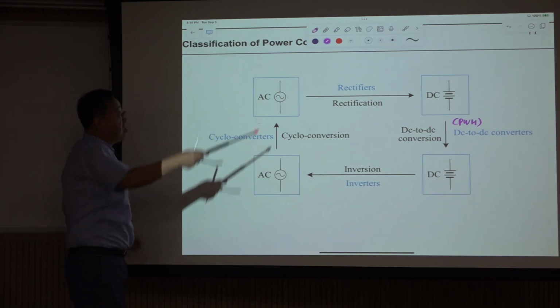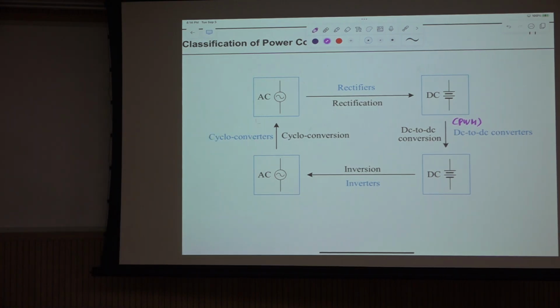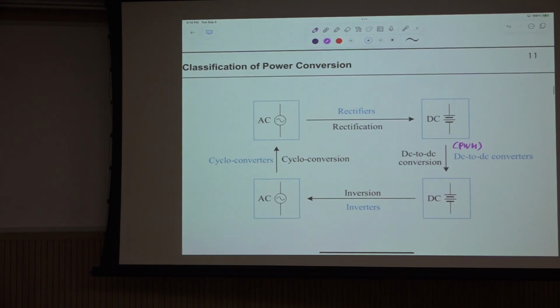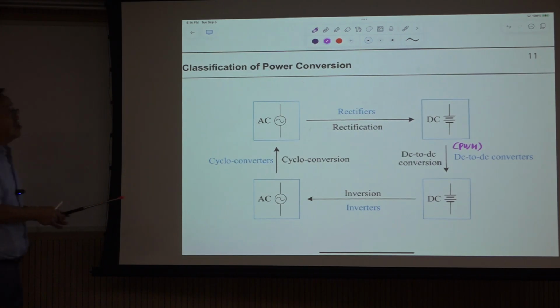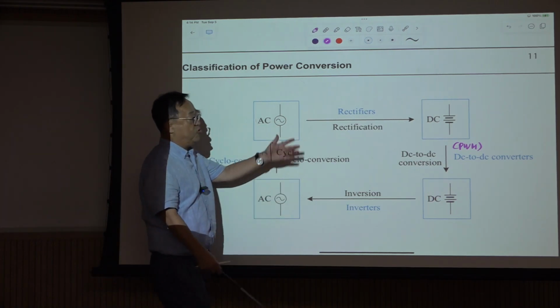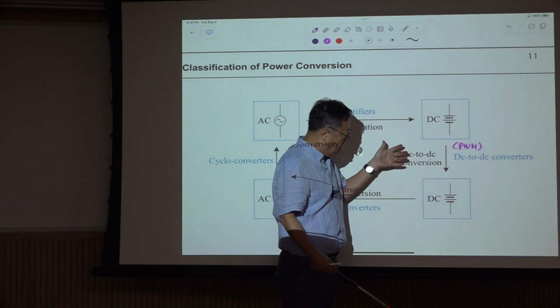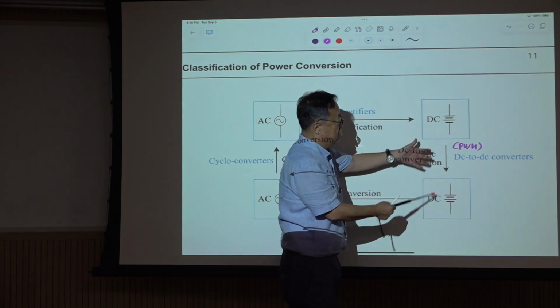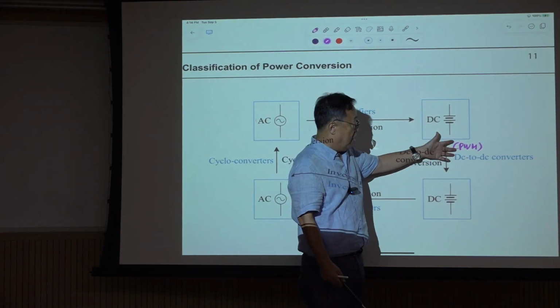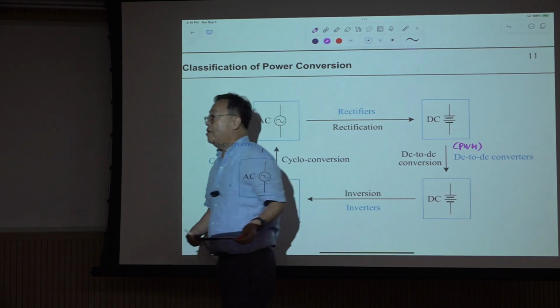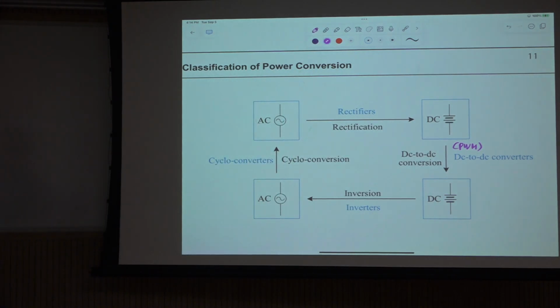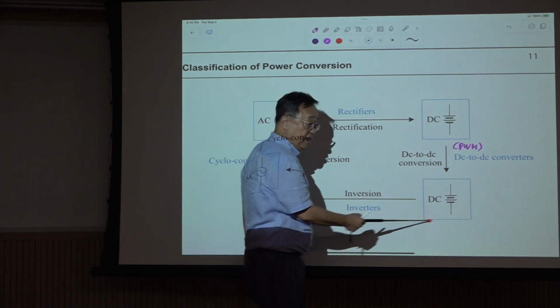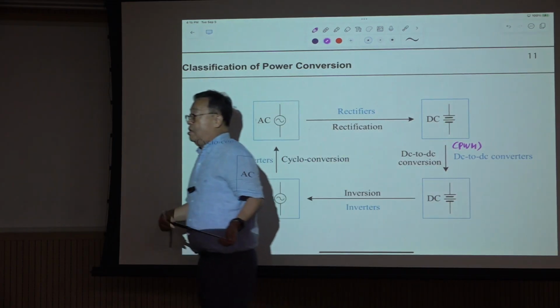These four processes are collectively called conversion. So when you refer to power conversion, you mean this whole thing. If you refer to DC to DC conversion, it means PWM conversion or resonant conversion. And later on, we will be discussing only this part in detail.